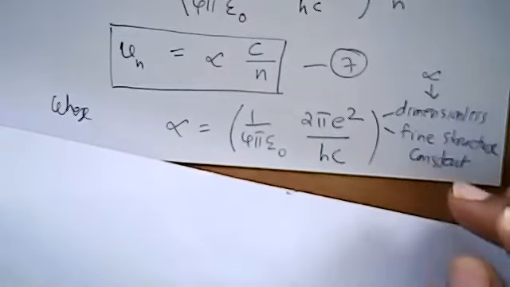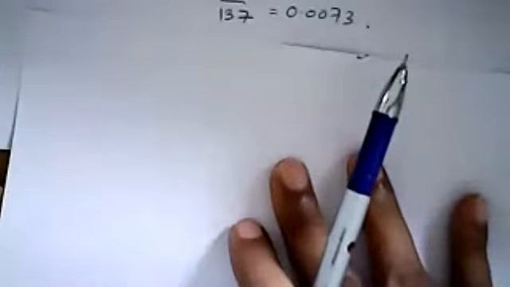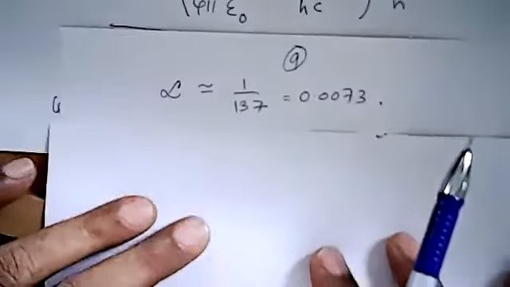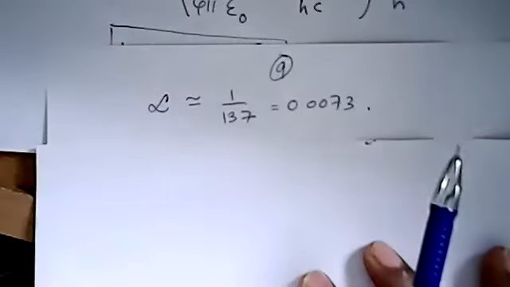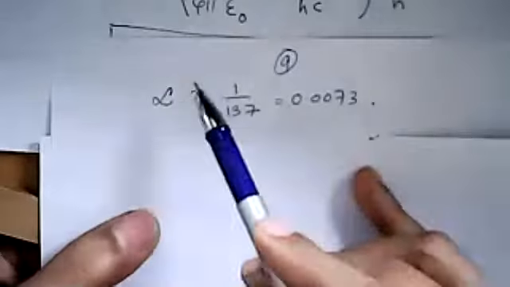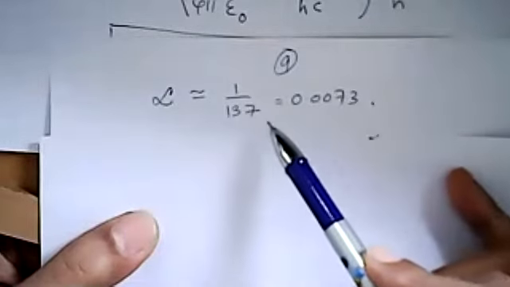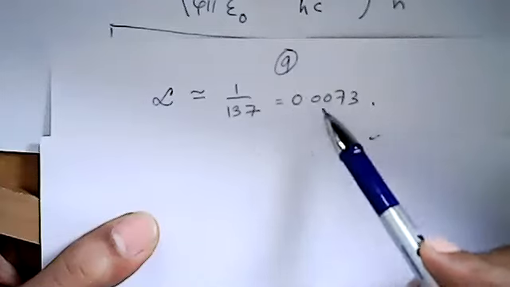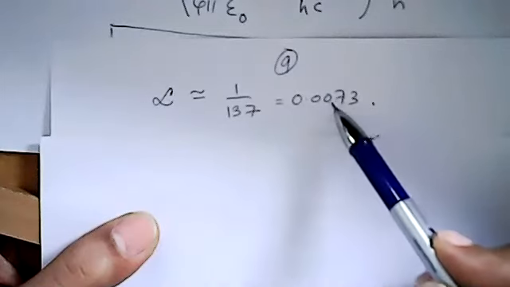You will get alpha as, I told you it is a dimensionless quantity, 1 by 137. Alpha equal to 1 divided by 137, or it is nearly 0.0073.